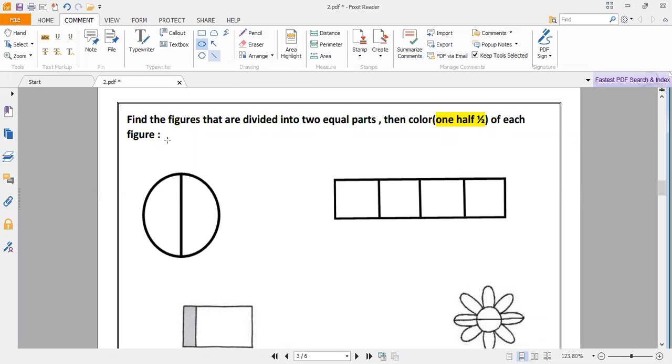Yeah, find the figures that are divided into two equal parts. Two equal parts means halves. So here it's like two questions. We have to find the figures with two equal parts and color one half. Yeah, color one half, so how many parts am I gonna color, Layan? How many parts am I going to color in the half here?